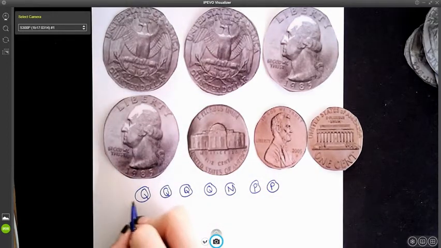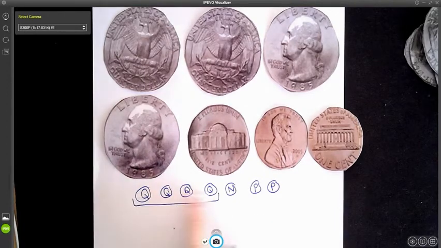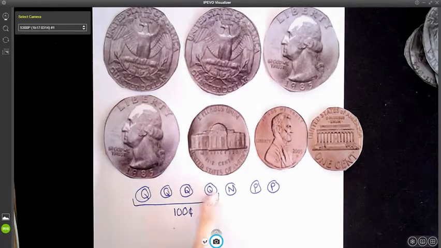All right, now I'm going to count this up, but I look and see here, I have 1, 2, 3, 4 quarters, and I know 4 quarters equals 100 cents or $1. So I just skipped a bunch of steps there. Is that okay?